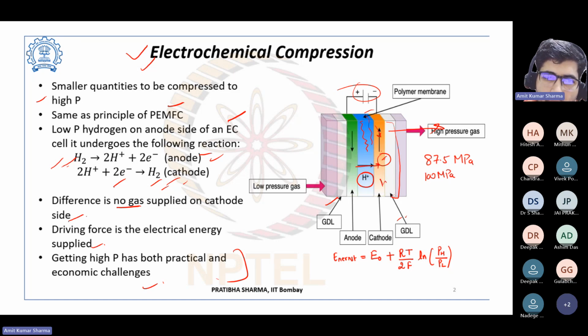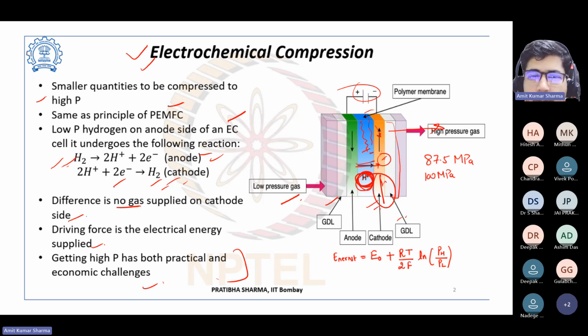Suppose your low pressure gas can have some kind of impurities, but this membrane will pass only H+ ions. This is the beauty of the system. Because only the hydrogen ions can permeate this membrane, on this side there will be pure hydrogen only.